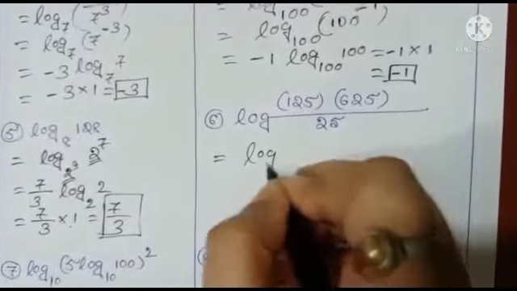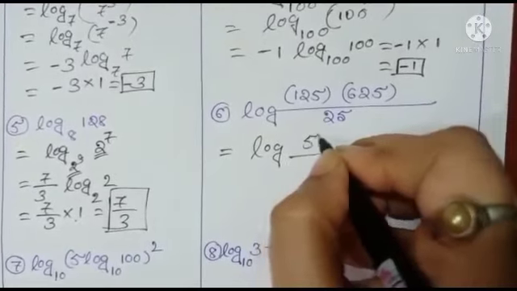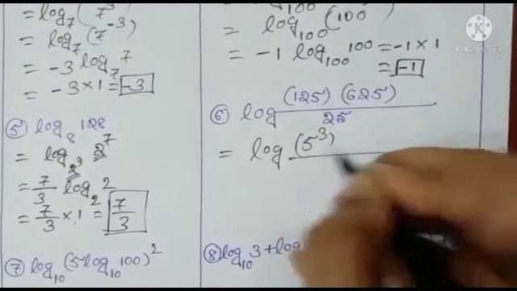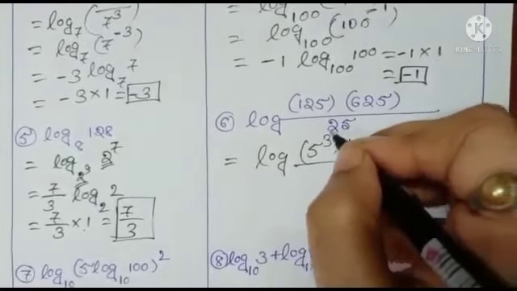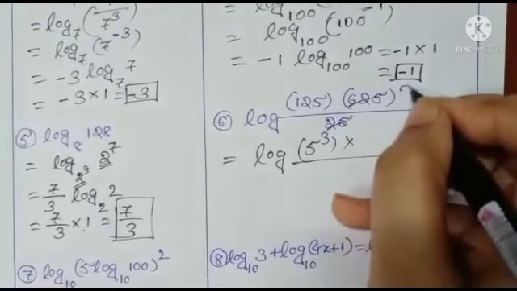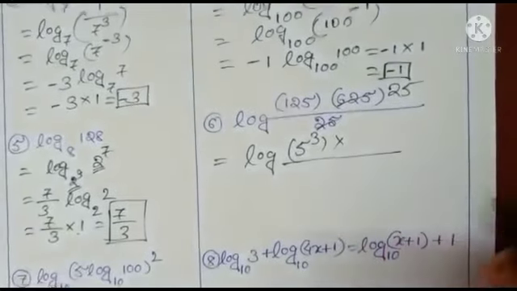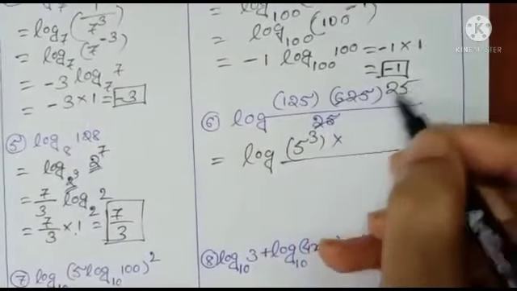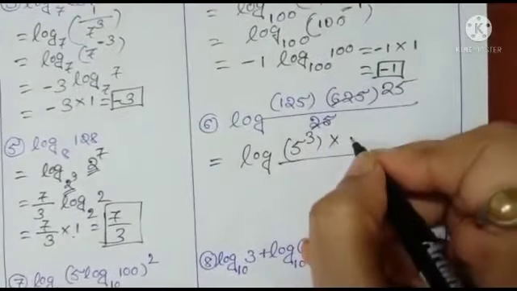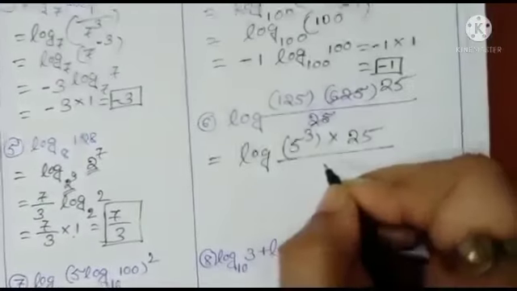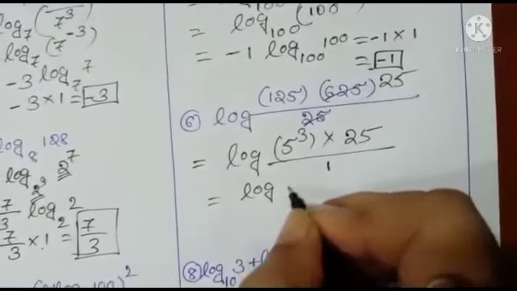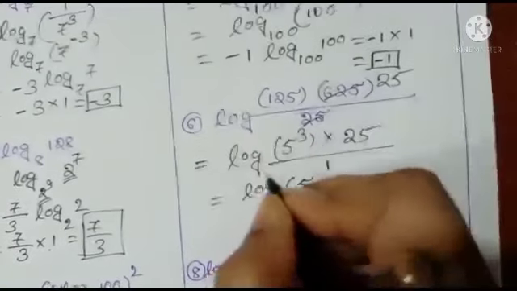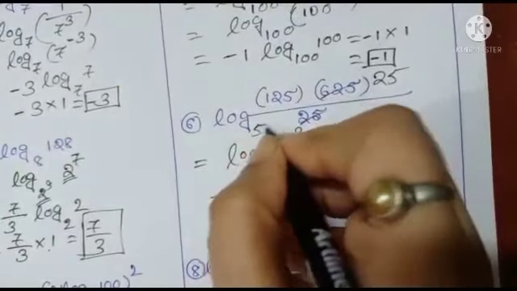Next, 125 means 5 cubed, and 625 and 25. We make its cross 25, so it's 25 and 1. Log, it's base 5.